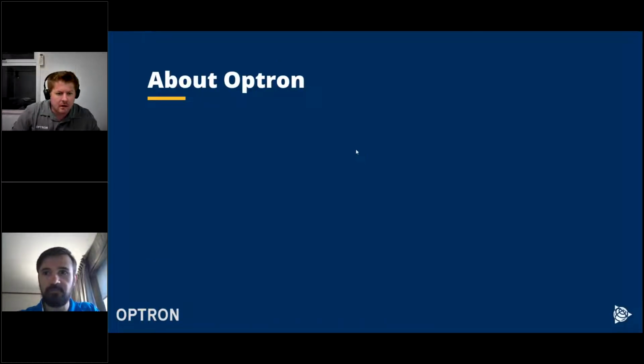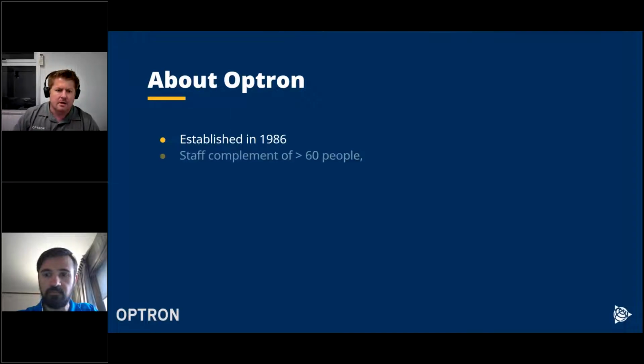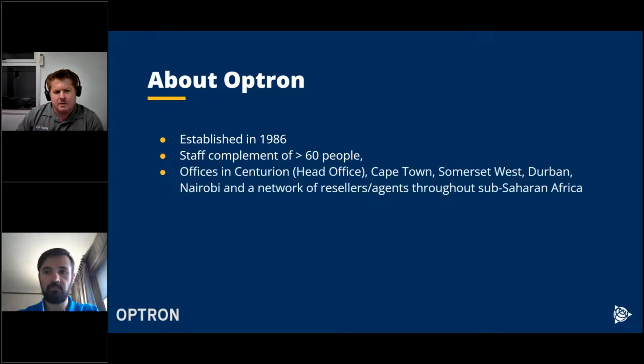Okay, so first let me just introduce you a bit, tell you a bit more about Optron. Optron was established in 1986 in South Africa. As a Trimble dealer, we have a staff complement of more than 60 people currently, and we've got offices in Centurion, Cape Town, Somerset West, Durban, also Nairobi in Kenya, and then we also have a wide network of resellers and agents throughout sub-Saharan Africa.